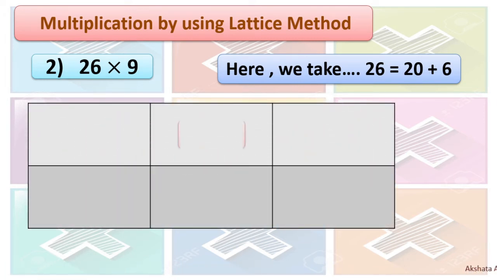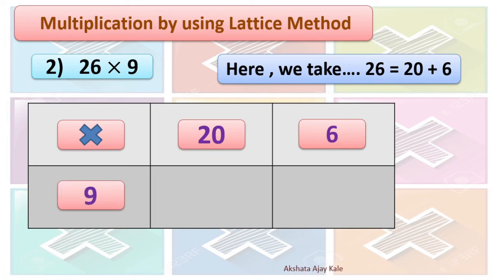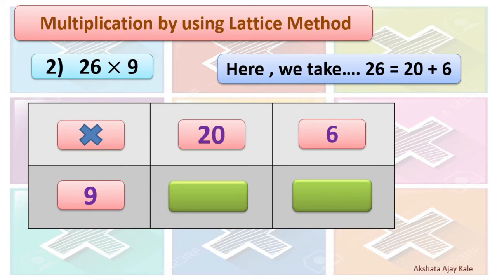We will write 20 here and 6, multiplied by the multiplier which is 9 here. Correct? We are going to multiply 26 by 9, isn't it? So the first thing is 9 multiplied by 20. That is 9 twos are 18 and one more 0. That is 180.